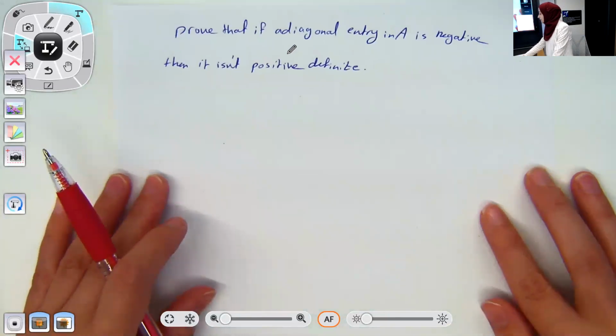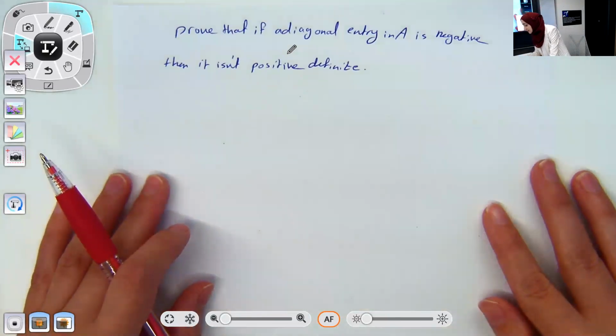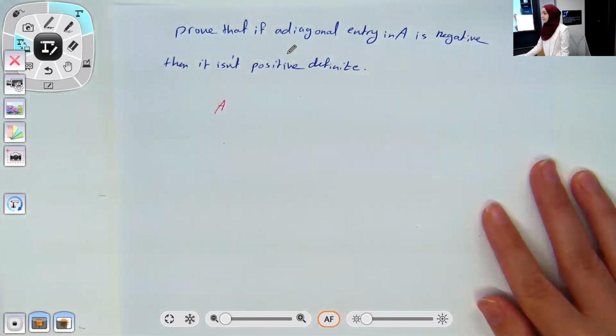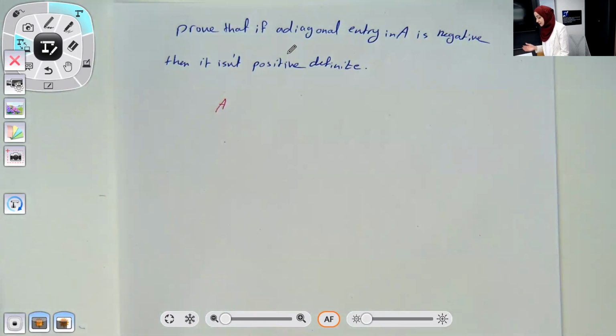For the second one, they ask, prove that if a diagonal entry in A is negative, then it isn't positive definite. If we have a matrix A, this matrix A is a diagonal matrix, and the entries of this matrix are all negative. We need to show that this matrix will not be positive definite.